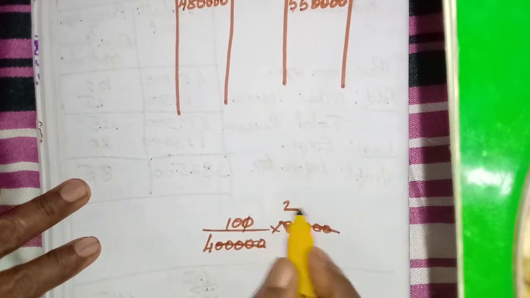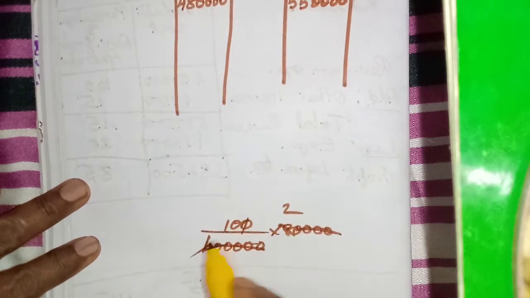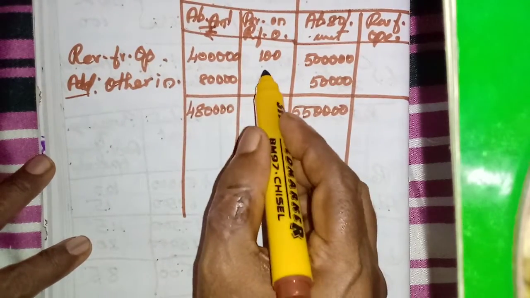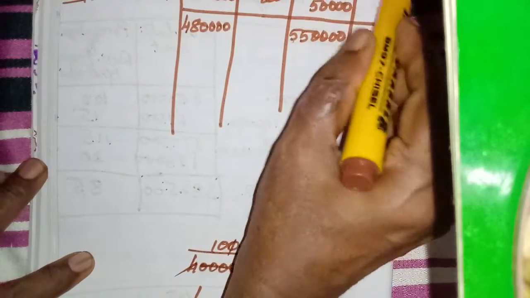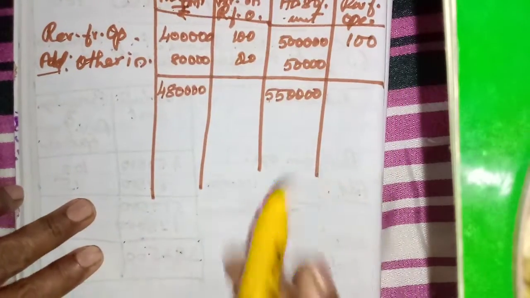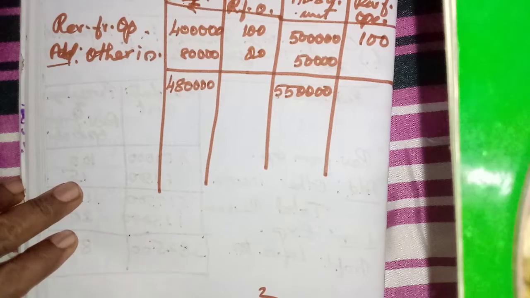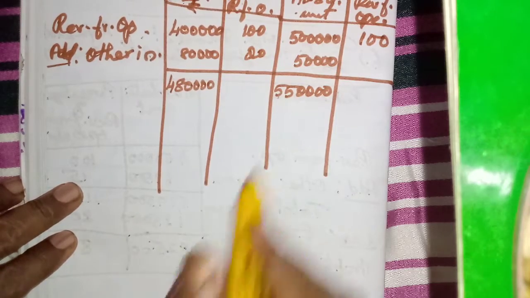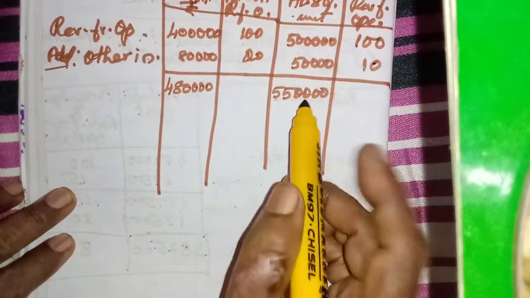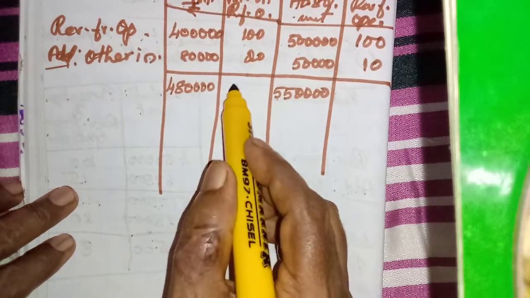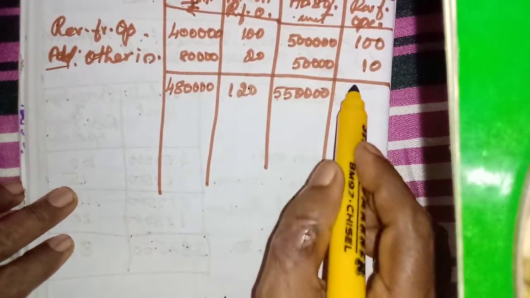Here 2, 1, isn't it? So 2 into 10, 20. Okay. Then again here 100. Okay. For 5 lakh, 100. So 5 lakh 100, then 50,000, 10, isn't it? We can do in our mind. So add and write 121.